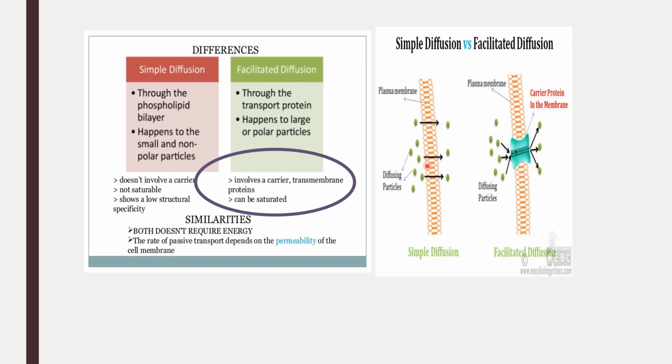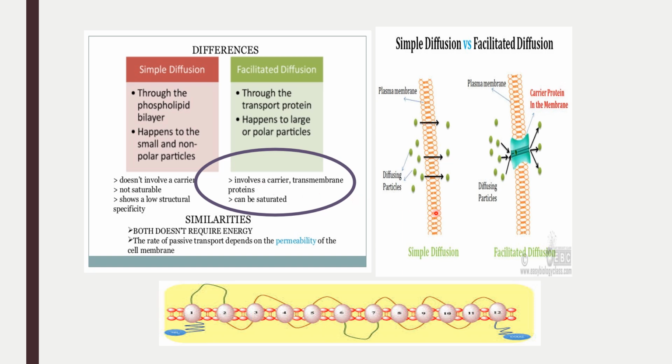This blue thing, this transmembrane carrier protein, is required for it. And this type of transport is mainly for large particles or polar particles. So the similarity is no energy and both go along the concentration gradient. But the difference is that in simple diffusion no transport or carrier protein is required, but in facilitated diffusion the carrier protein is required.